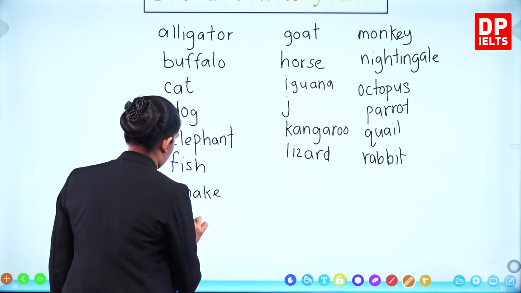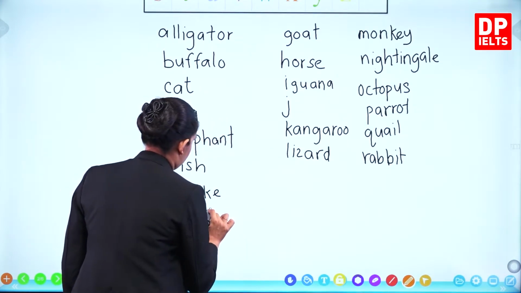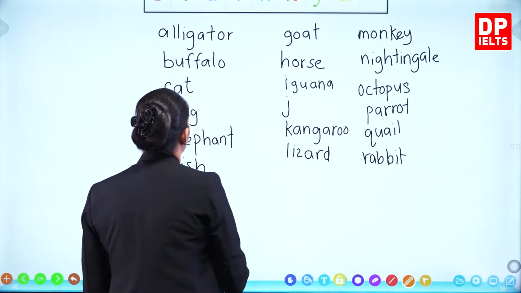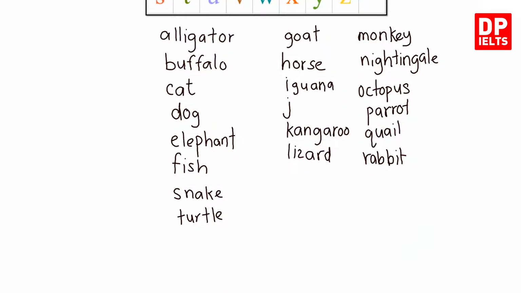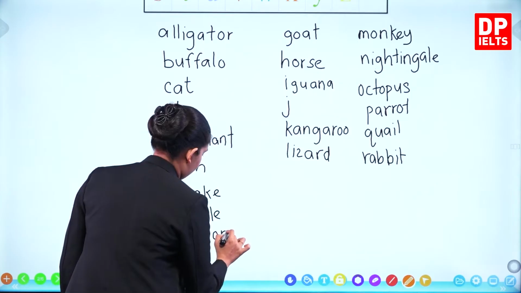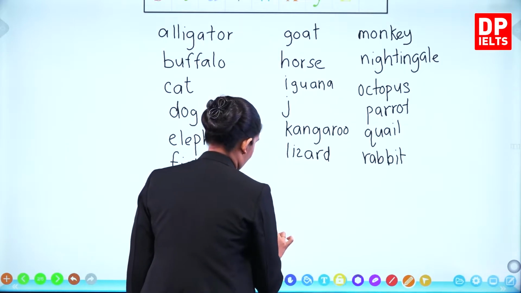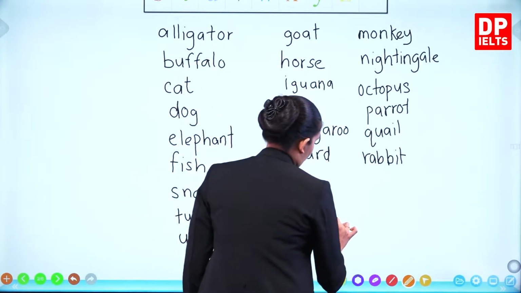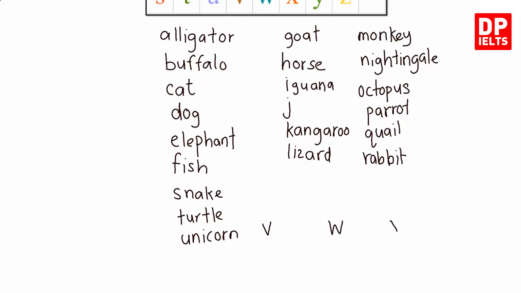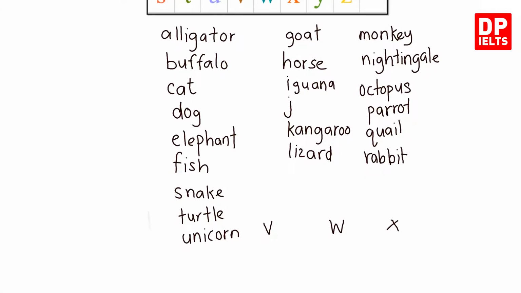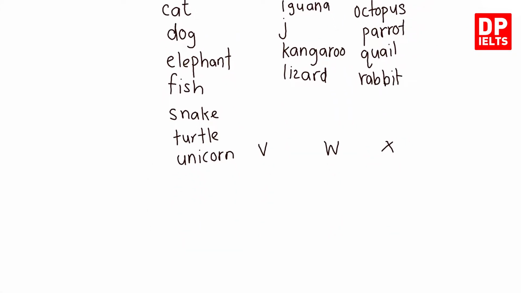T, turtle. Then we have U, unicorn. Then we have V, W, X, Y, and Z. So Z, we have zebra.